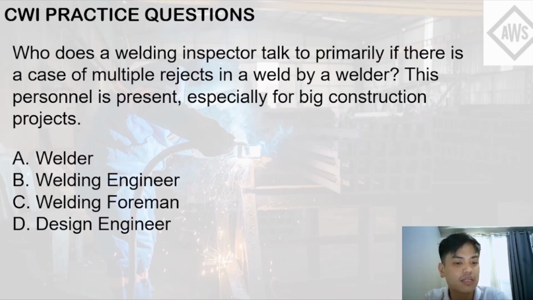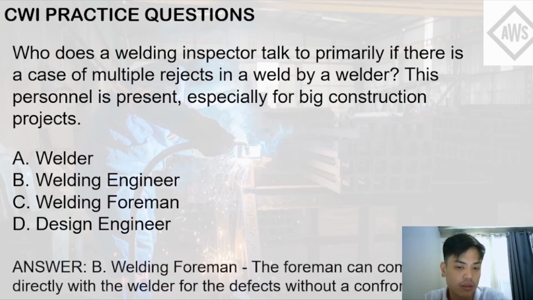Letter D, the design engineer, is responsible for creating the specification or the drawing that needs to be implemented during construction, the one referenced by the welder in welding the structures or the components, basically to build it. So the answer here is the welding foreman. The foreman can communicate directly with the welder about the defects without a confrontation.